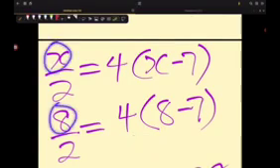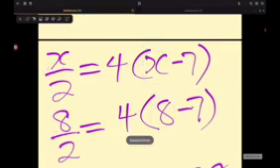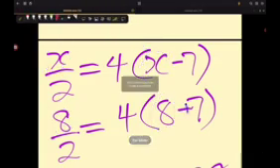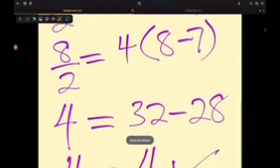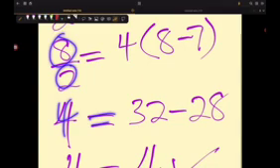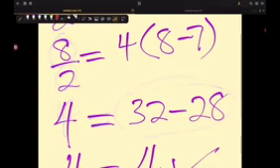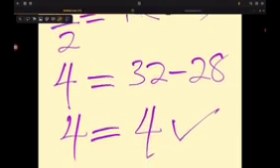So 8 over 2, this is the same. Then we solve finally. 8 divided by 2 gives us 4, while 32 minus 28 will still be 4. So that is what we have there.